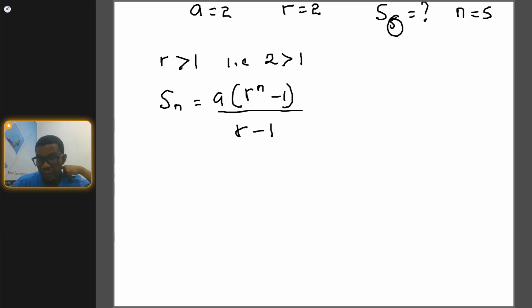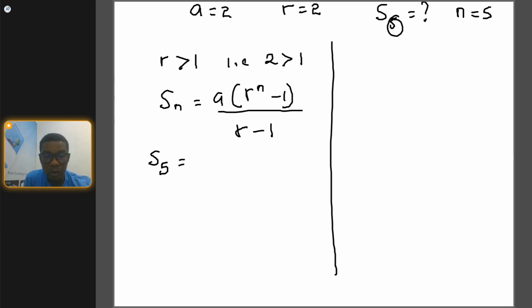Let's substitute: x5 equals 2 in brackets, 2 raised to the power 5 minus 1, close the bracket, all over 2 minus 1.